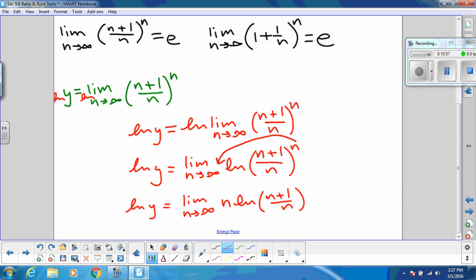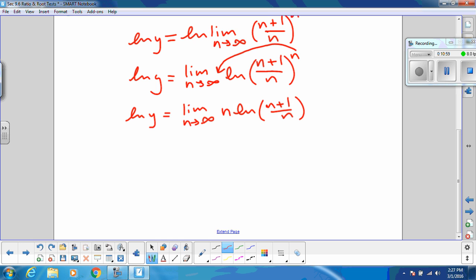Okay, so what do we do with that now? Well, obviously, if I try to plug in infinity, I get an indeterminate form. So we want to write it so that it looks like the indeterminate form that allows us to use L'Hopital's rule. So we use a little bit of creativity.